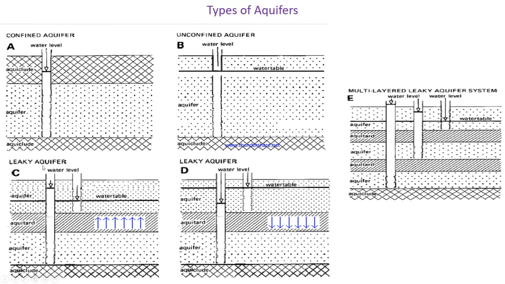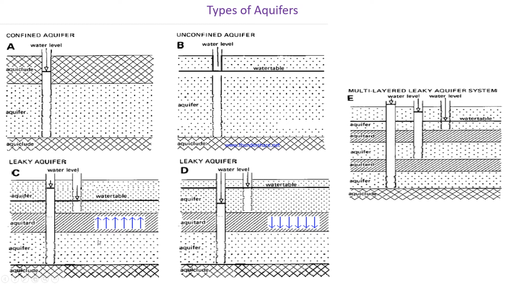In the leaky aquifer, see here, the regional water level is here, and this is the hydraulic head in the confined aquifer. This is the impermeable layer, this is confined, and this is unconfined. Here the water table is there. The water level in the unconfined aquifer is low compared to the confined aquifer.